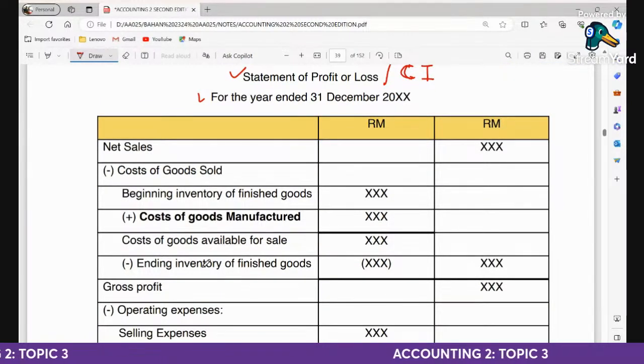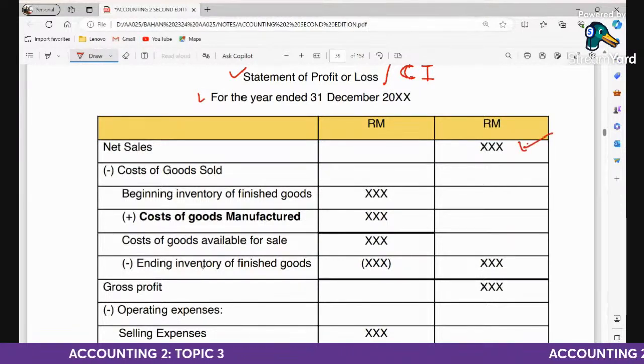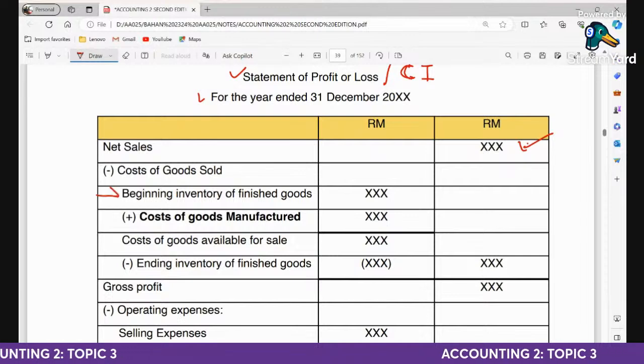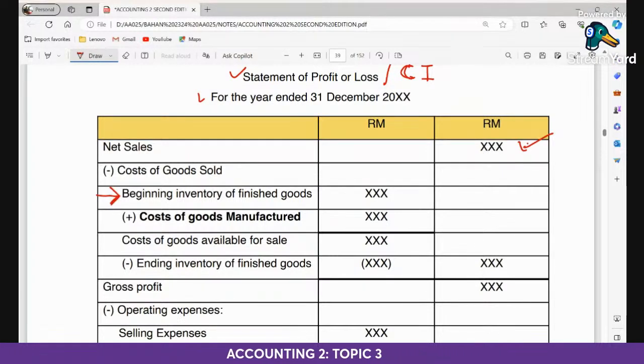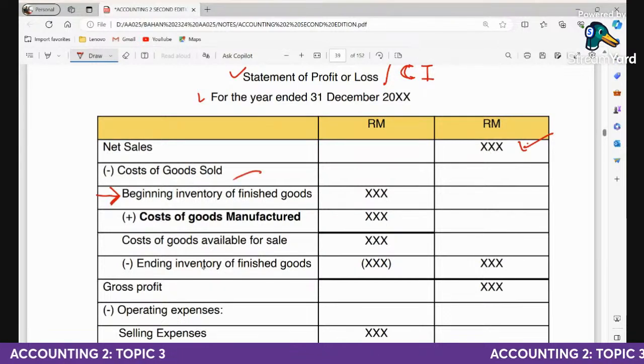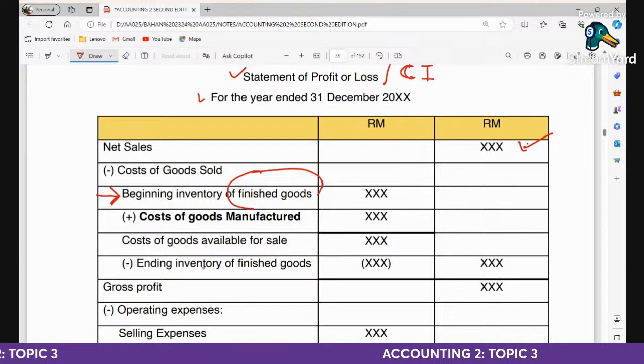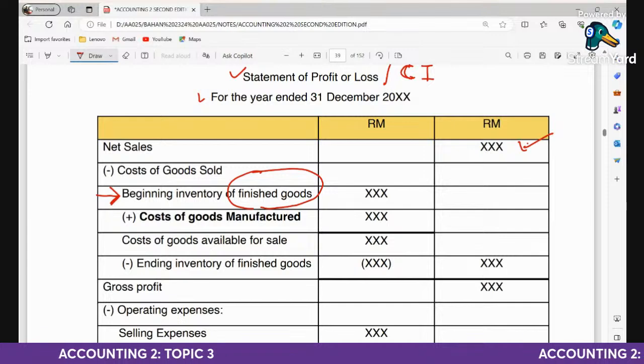Okay, lepas tu yang ini ada sedikit perbezaan dengan apa yang kita buat semester lepas sebab kita ada beginning inventory. Tapi kita tak boleh tulis beginning inventory saja. Sebab di sini we are actually referring to beginning inventory of finished goods. Okay, sebab kita kena faham sekarang kita ada 3 jenis inventory. So yang di dalam SOCI atau SOPEL is actually beginning inventory of finished goods.